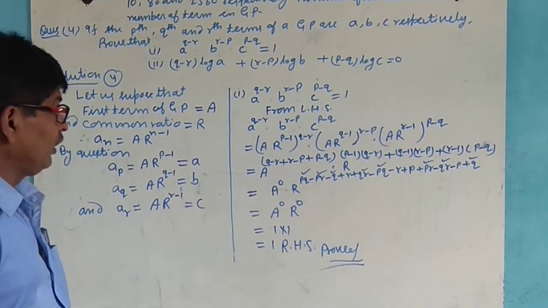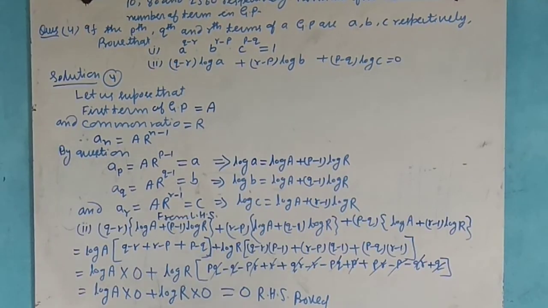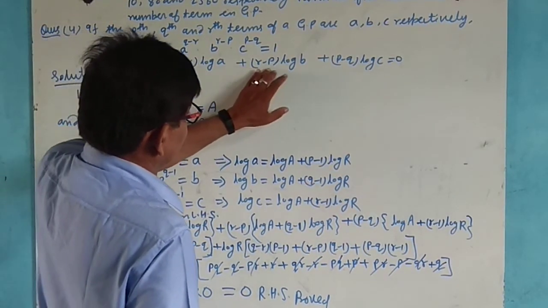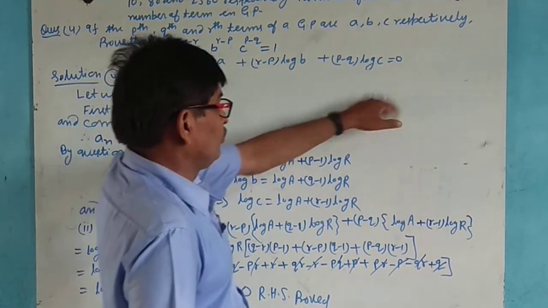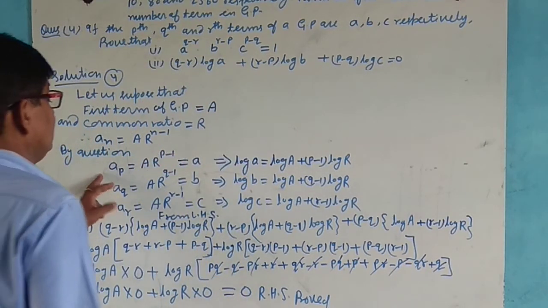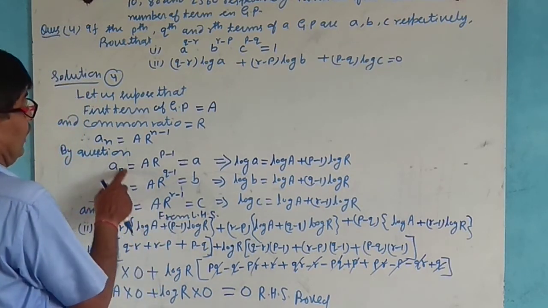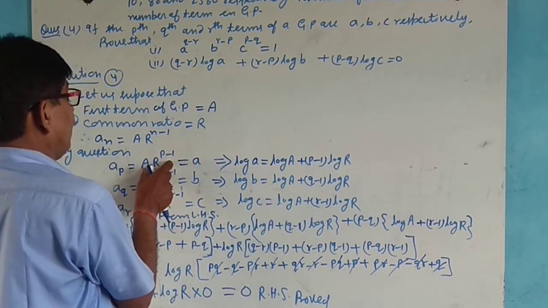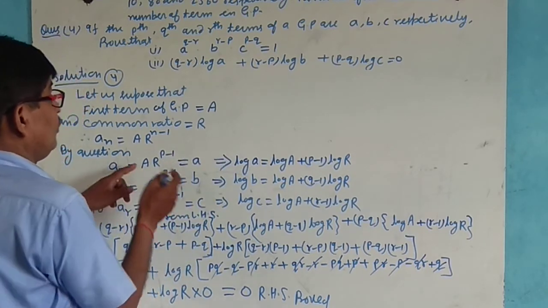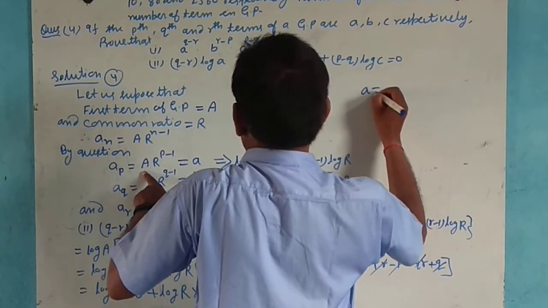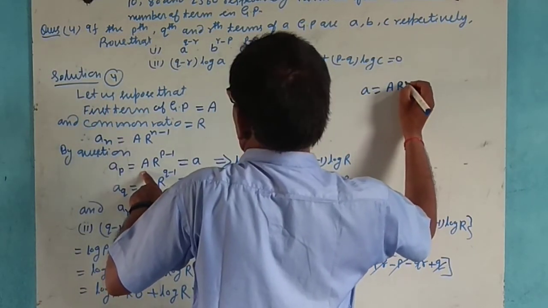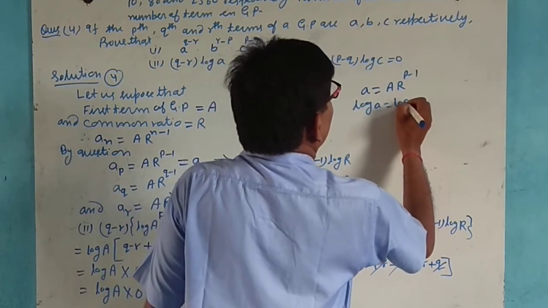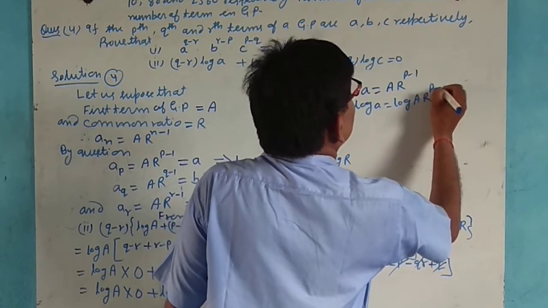Now the second part: (q minus r) log a plus (r minus p) log b plus (p minus q) log c equals 0. In this case, as the pth term is a, taking log on both sides, log a equals log of A R to the power p minus 1.